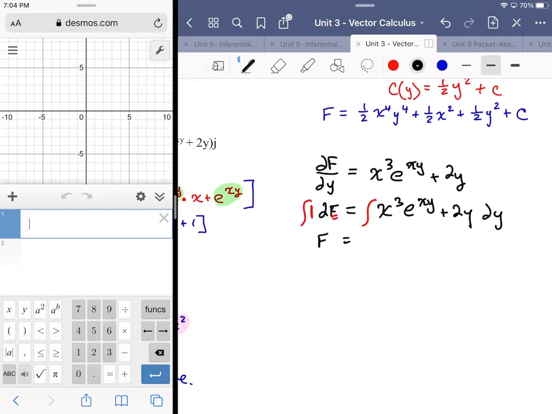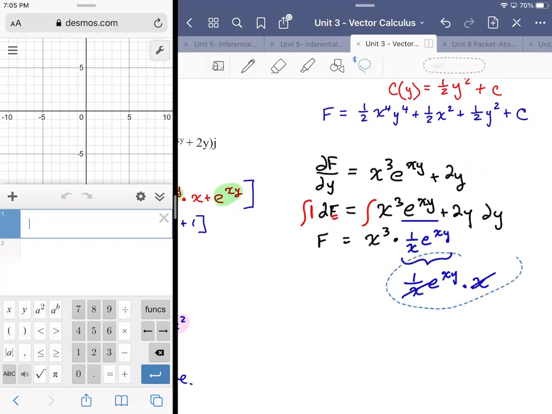So let's do that the other way around. x is really just a multiplier, so I have my x cubed as the constant multiple, and I'm hanging on to that. I'm going to multiply that by, instead of e to the xy, 1 over x times e to the xy. You could test that out. You could do a u sub if you want, but you'd hang on to the 1 over x, e to the xy times x, the x's would cancel.